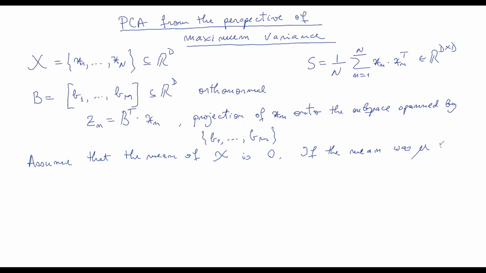then what we would essentially do is subtract mu from each one of these points so that we get a new data set with mean 0.